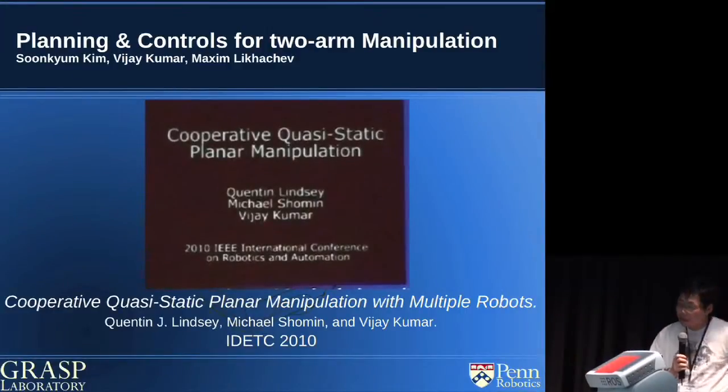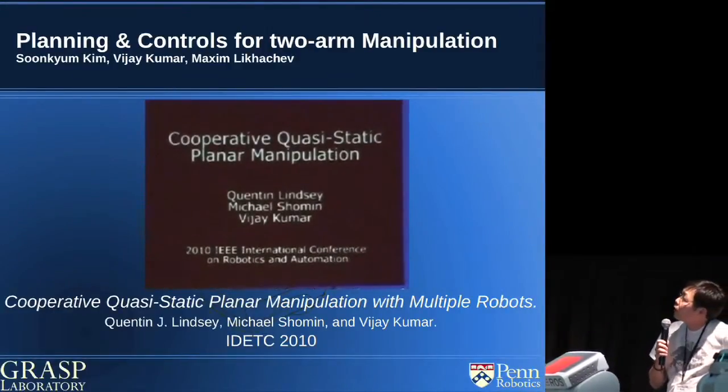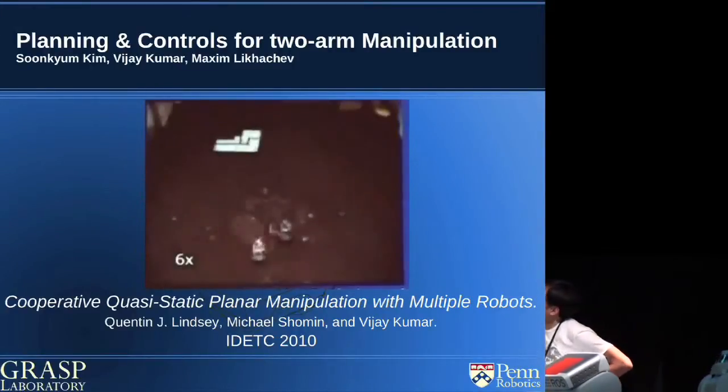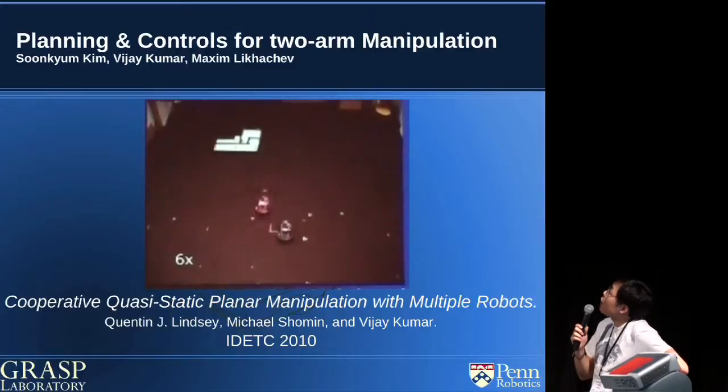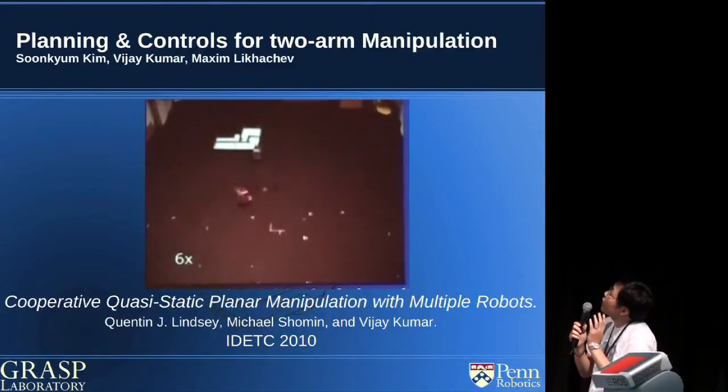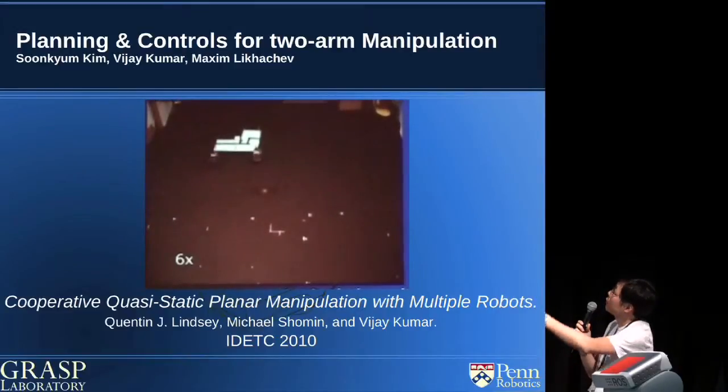We have some previous results on the planar case. Here is a video by another PhD student. Our goal is to manipulate that L-shaped object to follow a certain arc.